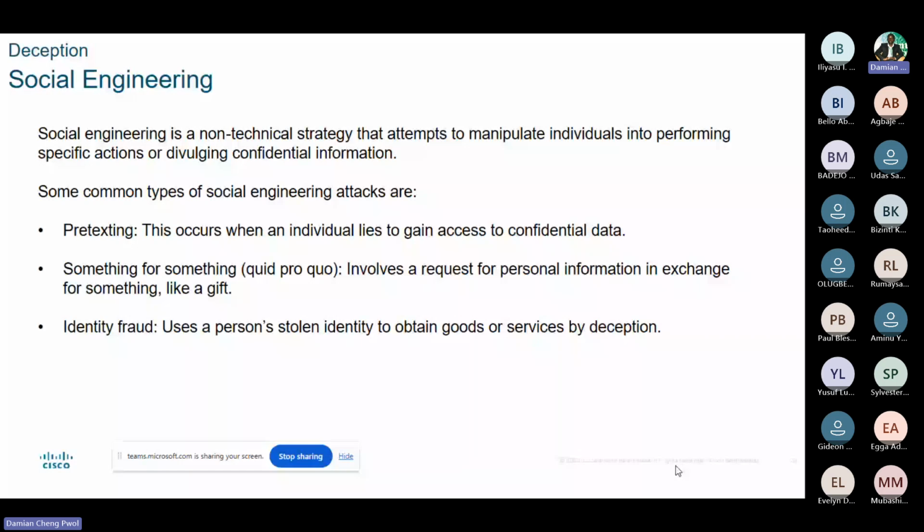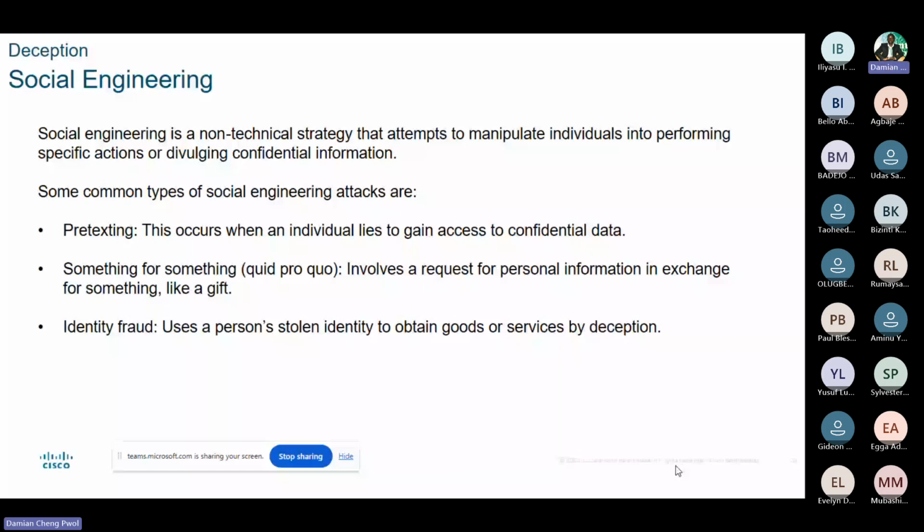So pretexting. This occurs when an individual lies to gain access to confidential data. Quid pro quo, something for something, involves a request for personal information in exchange for something like a gift.